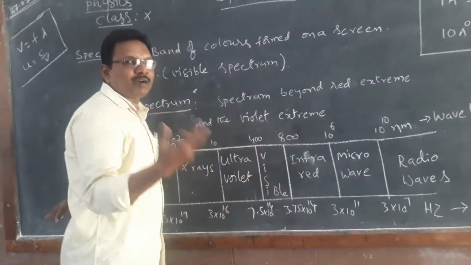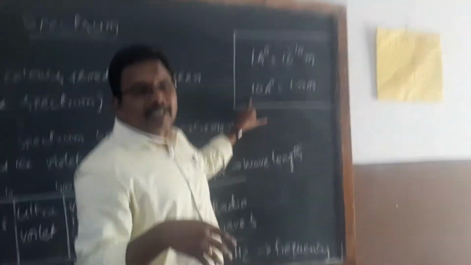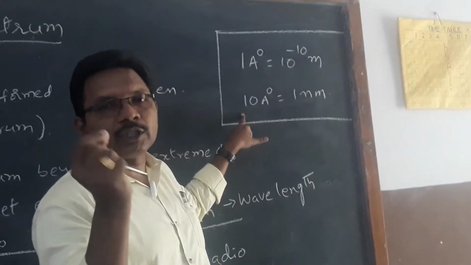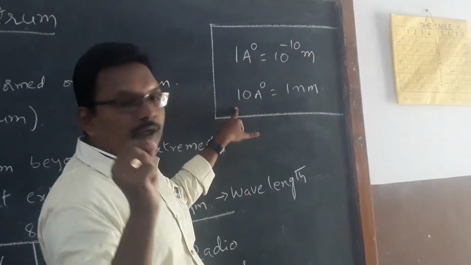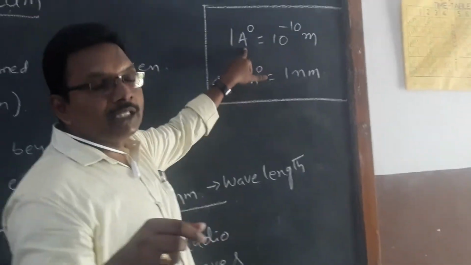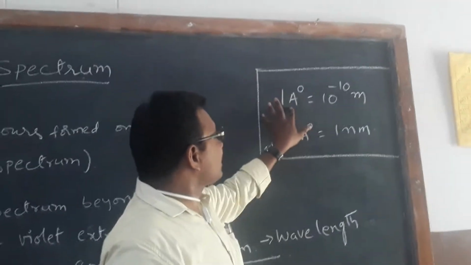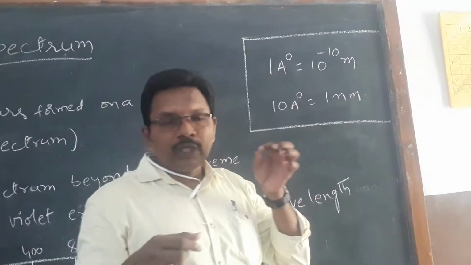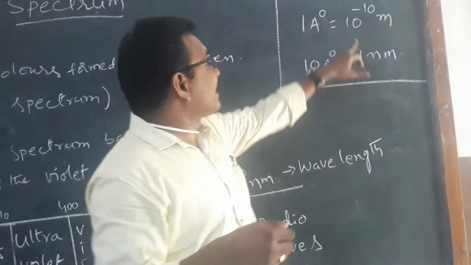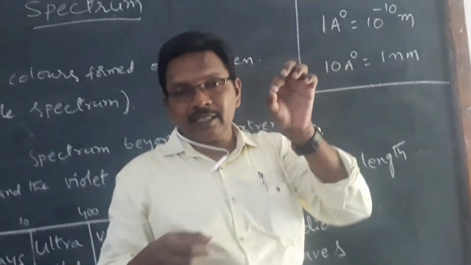What is the angstrom? What is the nanometer? These are units to measure small quantities of length, such as wavelength. We use the units angstrom and nanometer. What is angstrom? We are well known about a meter. In 1 meter, the 10 power 10th part of the meter is called 1 angstrom.